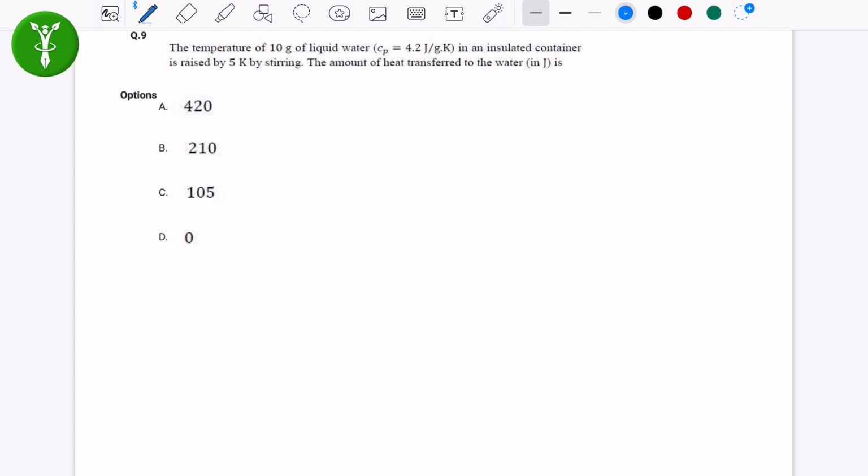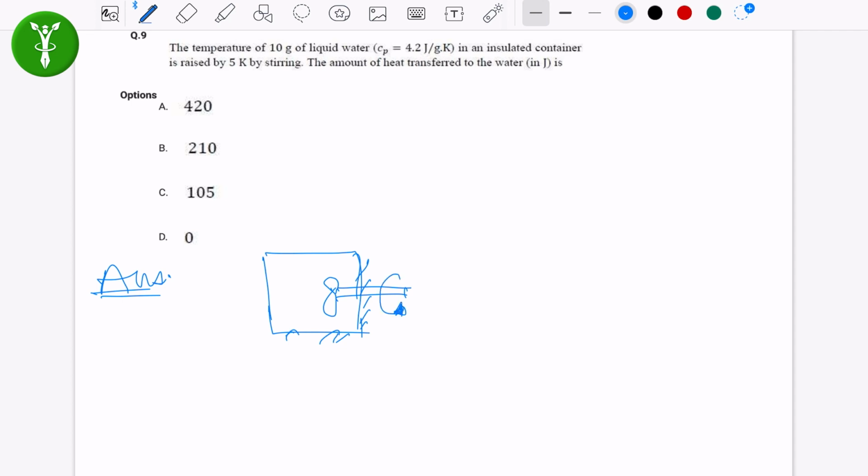This question is basically purely based on the first law of thermodynamics. Here we have an insulated container, so no heat transfer, and there is a stirrer, which is rotating and doing some work.